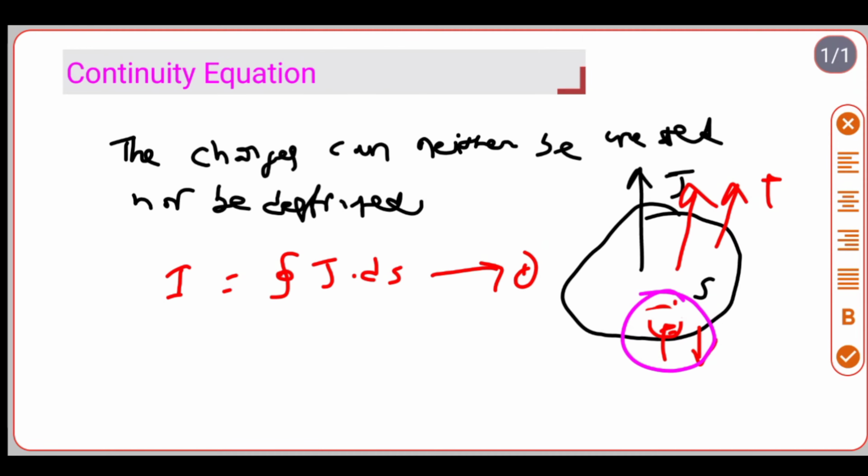Hence, the outward rate of flow of positive charge gets balanced by the rate of decrease of charge inside the closed surface.